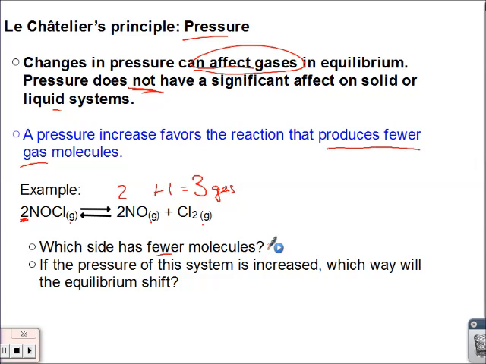So the product side has fewer gas molecules. So if I increase the pressure of the system, I'm going to shift it away from the 3 towards the 2. I'm going to shift it back towards the reactants.